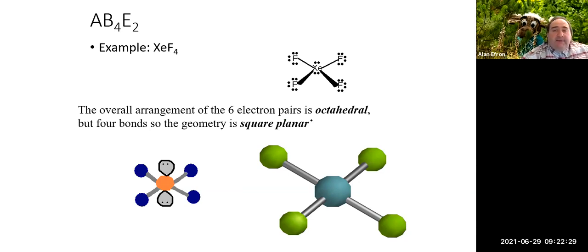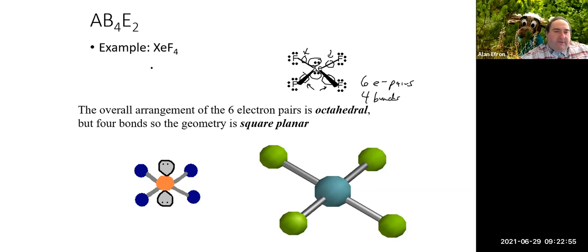Let's take a look at this one and see what we've got going on here. When we look at our central atom, it has 1 electron pair, 2, 3, 4, 5, and 6 electron pairs, but only has 4 bonds in this case. So 1 bond, 2, 3, 4 bonds.